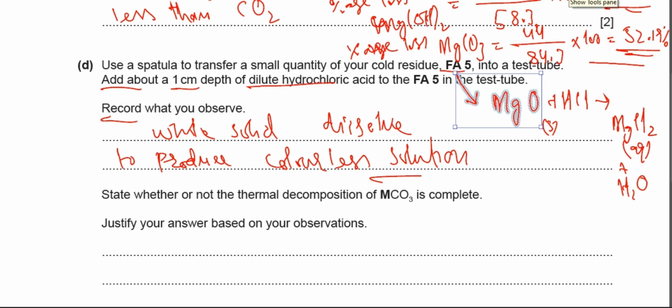So be very cautious while heating. Then state whether or not the thermal decomposition of M carbonate is complete. As I said, no release of carbon dioxide will be observed, so that will confirm the heating was complete. Decomposition was complete.